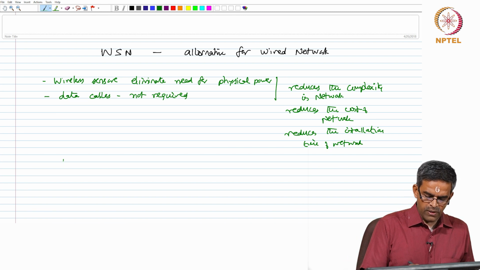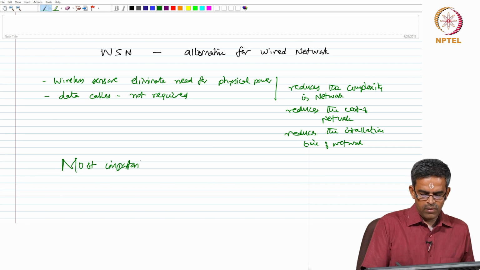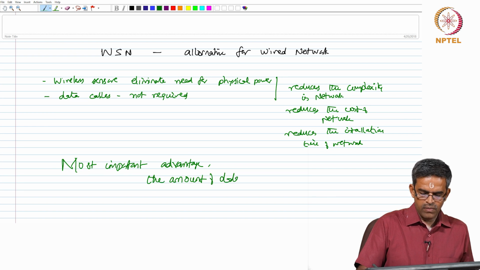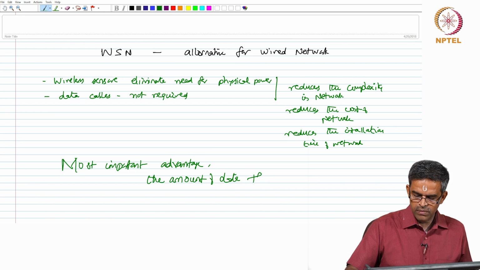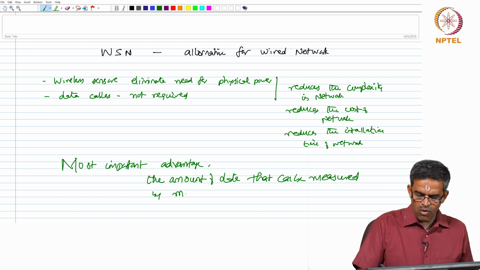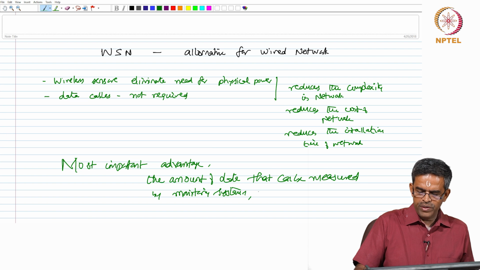The most important advantage we can put is that the amount of data that can be measured by the monitoring systems which employ wireless sensor network.